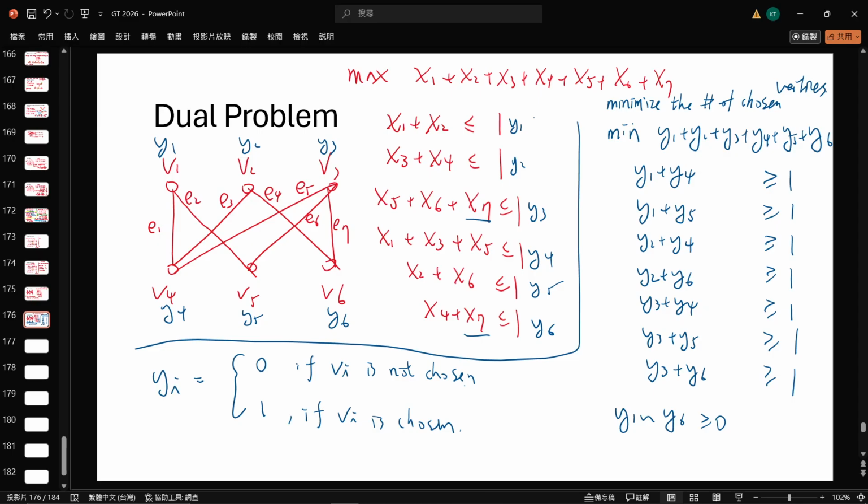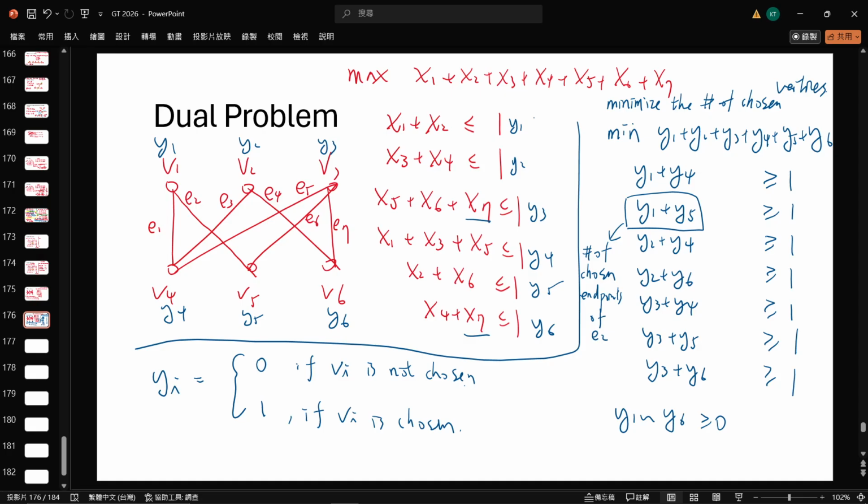And y1 plus y5 is the number of endpoints of E2 that gets chosen, okay?